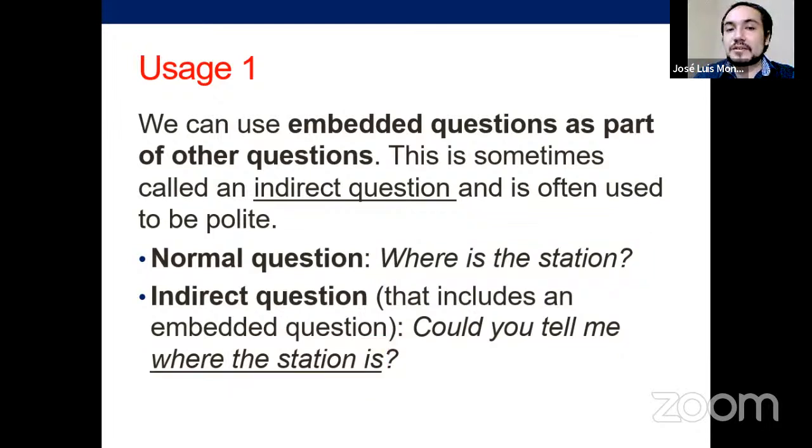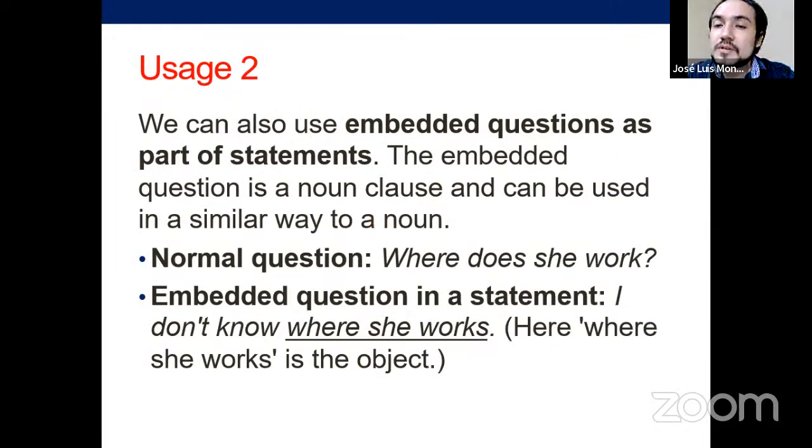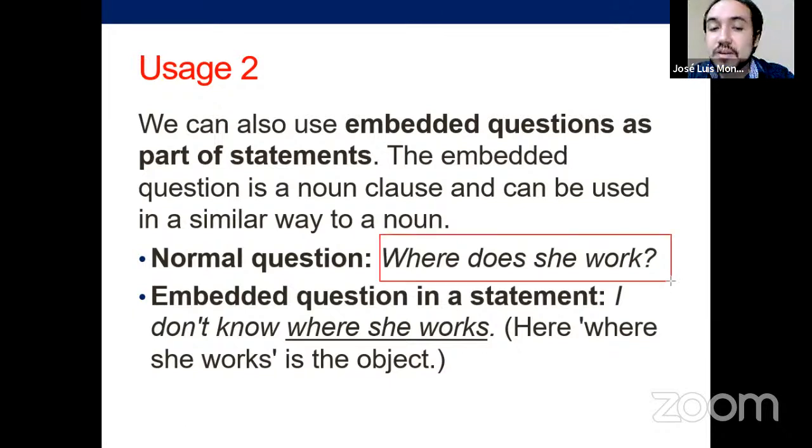The second one, this is an introduction. We're going to learn little by little how to do it. We can also use embedded questions as part of statements. The embedded question is a noun clause and can be used in a similar way to a noun. So here the question is, where does she work? Now, the embedded question in a statement: I don't know where she works.